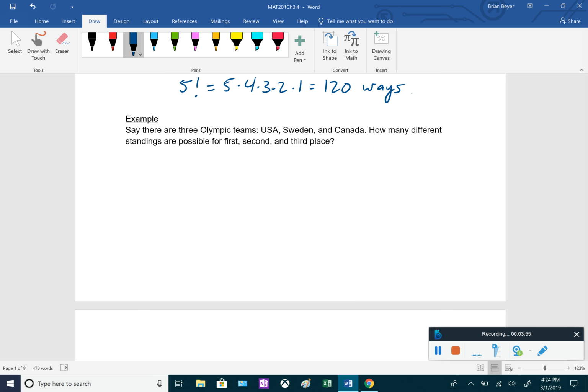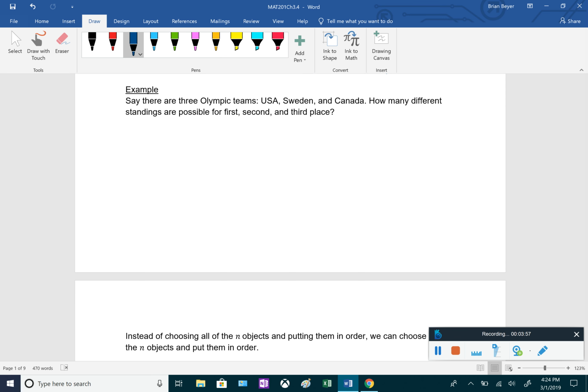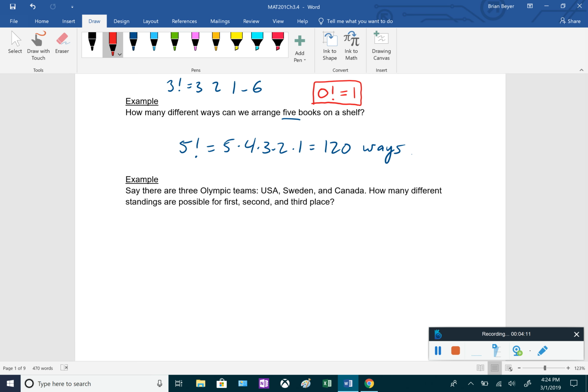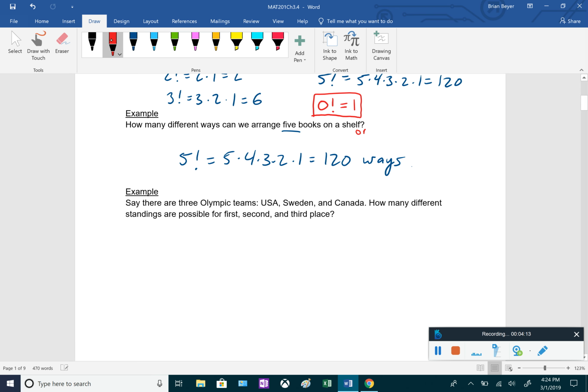So next example: say there are 3 Olympic teams, the USA, Sweden, and Canada. We want to know how many different standings are possible for first, second, and third place with these 3 teams. Obviously, order matters because we are literally putting things in order here.